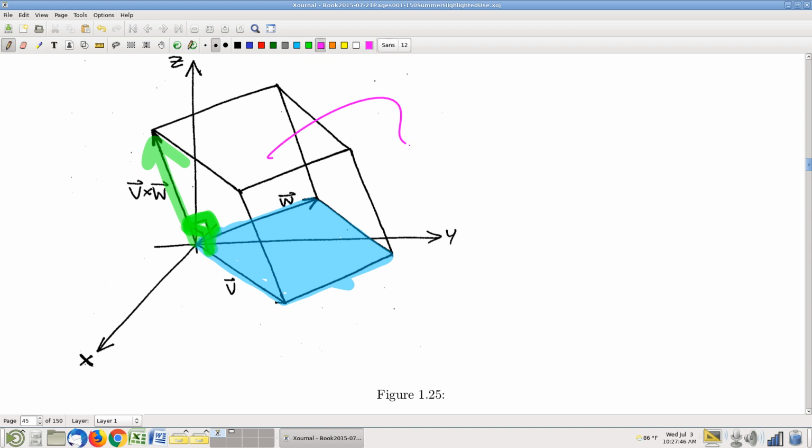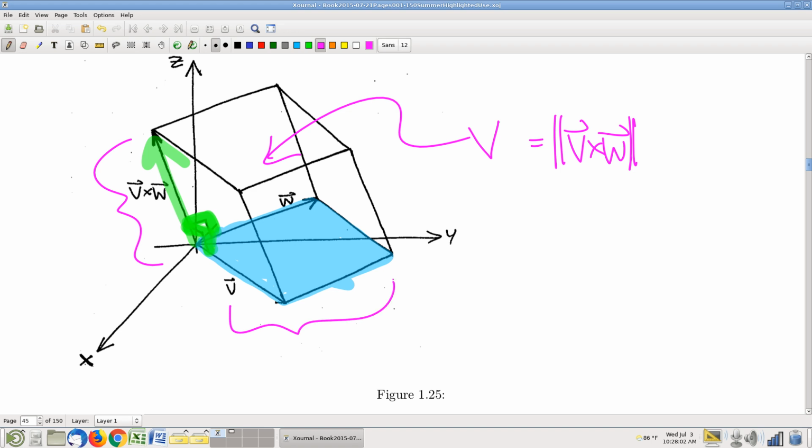This volume in there is that height, magnitude of V cross W, times this area. Here, let me just say times the area of that parallelogram. Yeah? Questions? Very good.